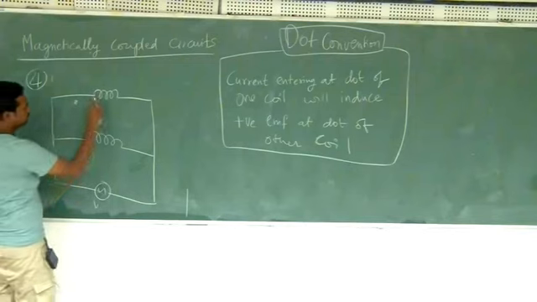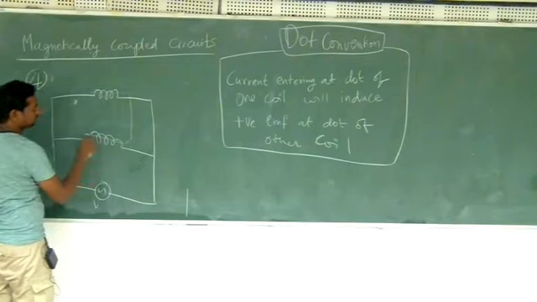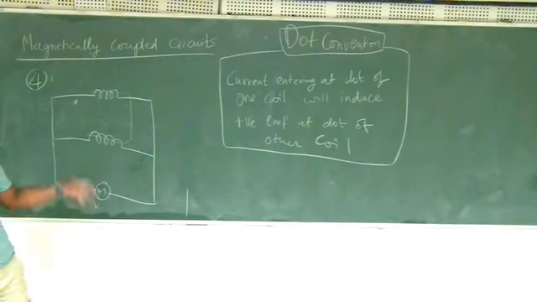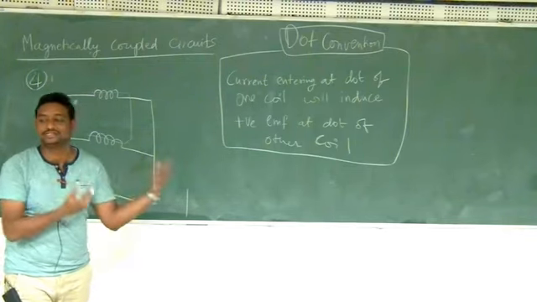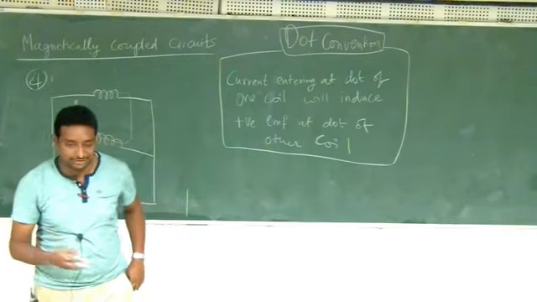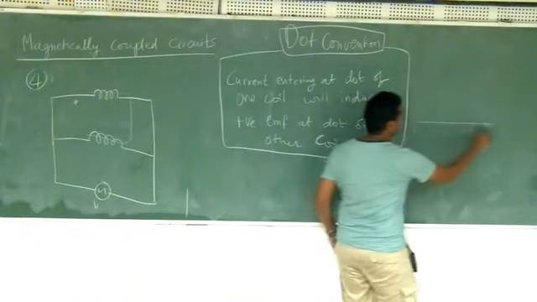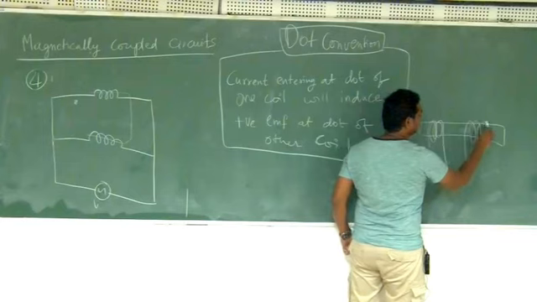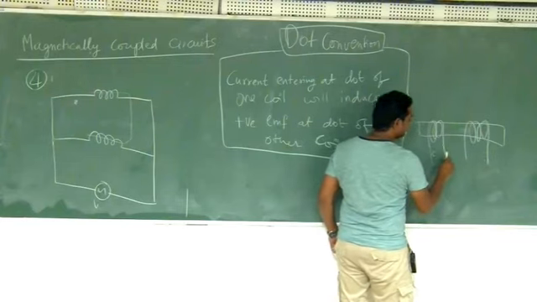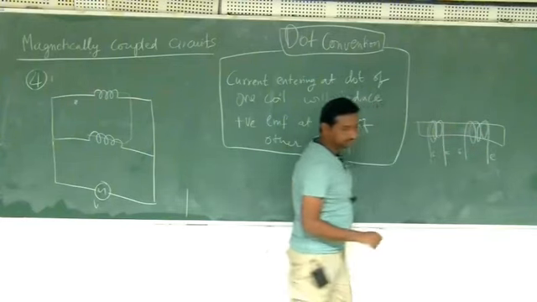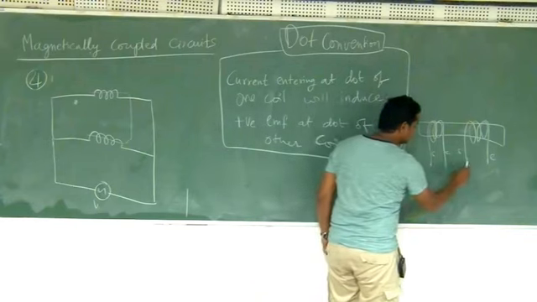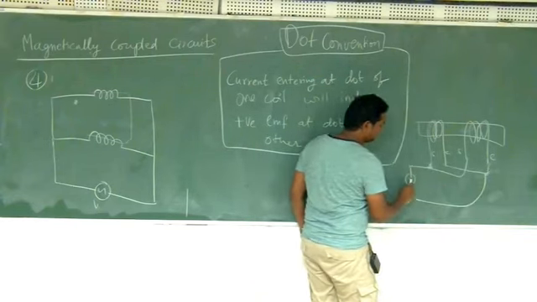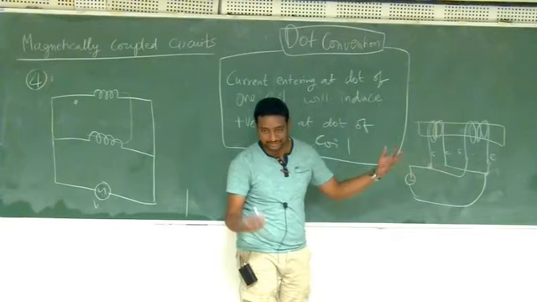Now the core is something like this. Okay. You can imagine core to be bending, or even if they are on a straight line core, you can still connect them in parallel. Okay, how do you connect them in parallel? See, this is the core, this is winding 1, this is winding 2. Starting, ending, starting, ending. So what do you do? You take 2 startings here and then take 2 endings here, and then you connect to the voltage supply. This is parallel connection. Okay, you can do that.